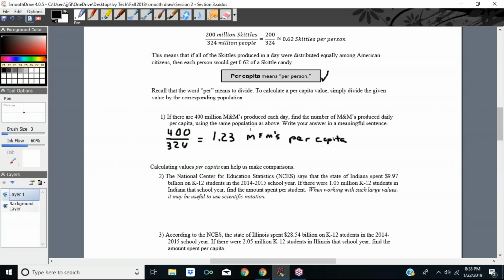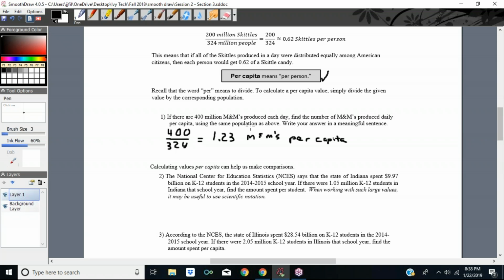You could have some variation of that, but it's about evenly distributing them among the people. If everybody got the same amount, then there would be 1.23 M&Ms per person. That's what we're doing for our meaningful sentence.